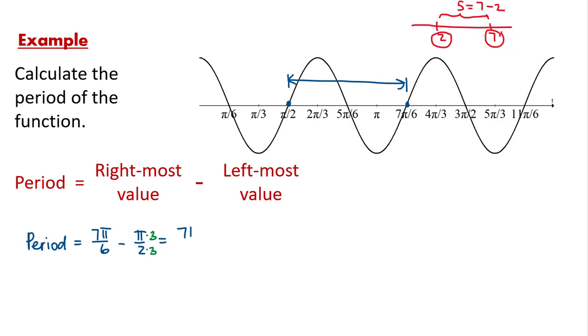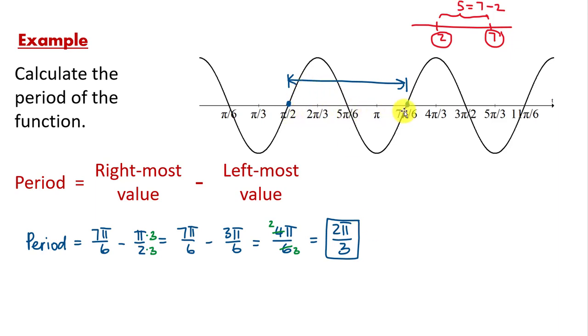That gives me 7 pi over 6 minus 3 pi over 6. And now as I subtract the numerators, I'll get 4 pi over 6. Now that fraction can be simplified. We can divide out 2, and we find that the period of this graph is 2 pi over 3. And again, this number represents the length of one cycle along the horizontal axis.